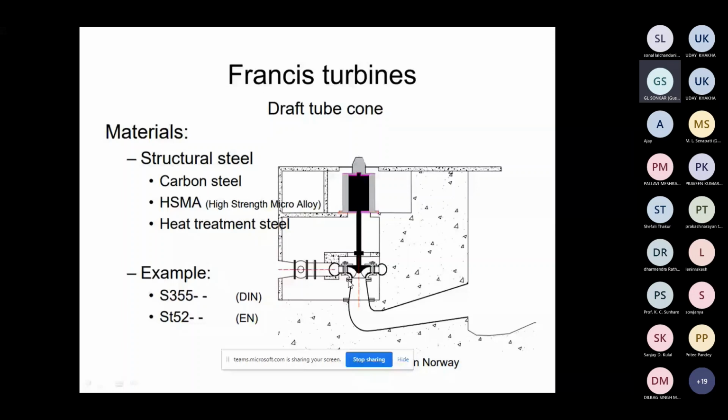You jack the whole system, then you can dismantle the Francis turbine from this gap, and if any maintenance is required in the turbine runner, you do it. Then you can refit it through this draft tube cone area. Once it's fitted, your draft tube cone will be fitted again, and you can start the machine. It needs hardly 3 to 5 days. But in the case of Kaplan, the whole system can be dismantled from the top through the gantry. That is one of the advantages of the Francis for maintenance.